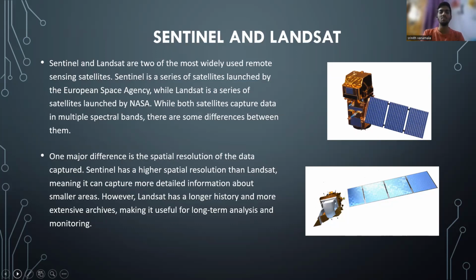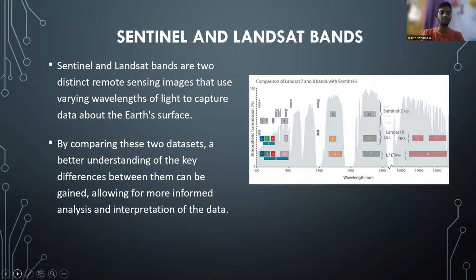The major difference is the spatial resolution of the data captured. Sentinel has a higher spatial resolution than Landsat. That means Sentinel can capture detailed information in smaller areas. However, Landsat has a vast, extensive archive which is used for long-term analysis and monitoring.